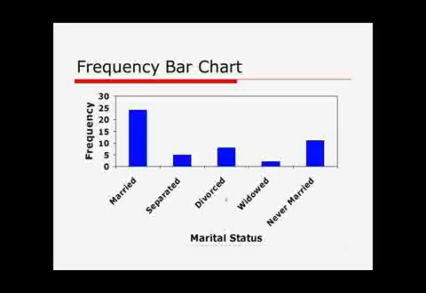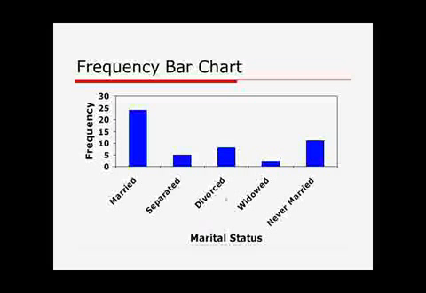There's no ordering here. One is not higher or lower, better or worse than any of the others. So this is a categorical variable, and when you generate a graphical display for a categorical variable, you want to use what's called a bar chart. The distinction here between this and what I'm going to show you in a minute is there are spaces in between each bar.